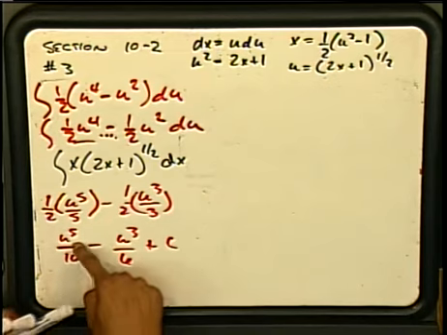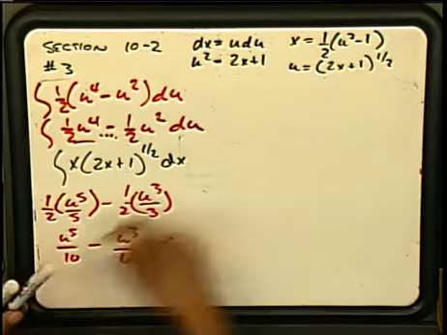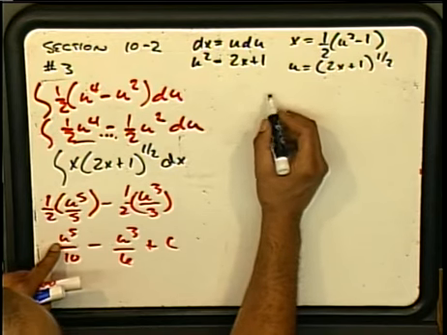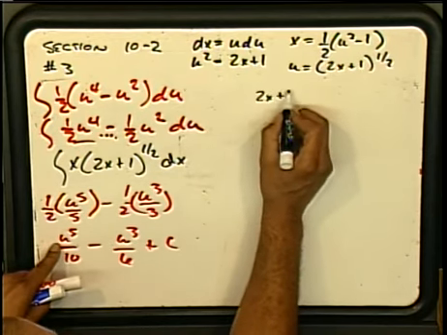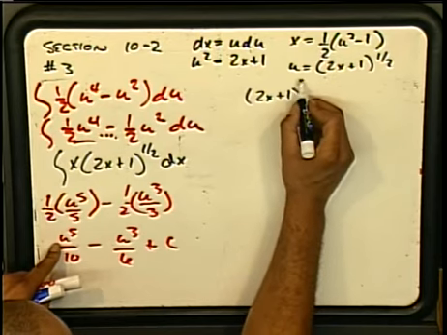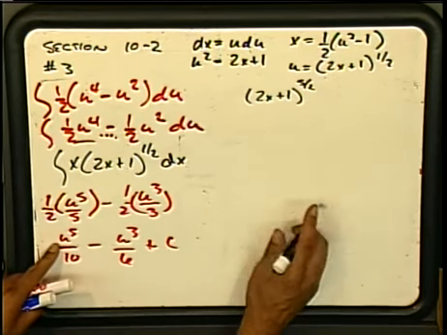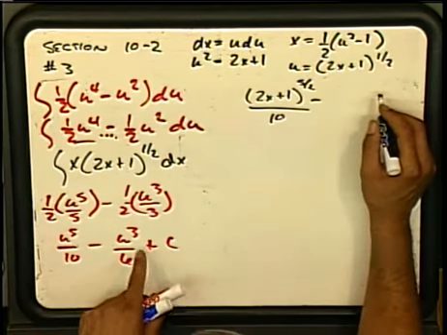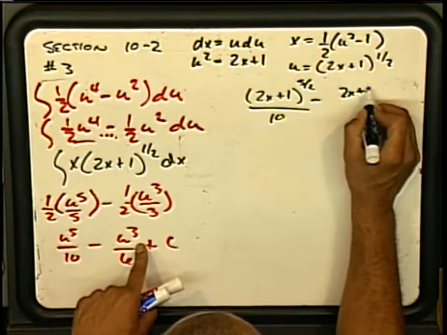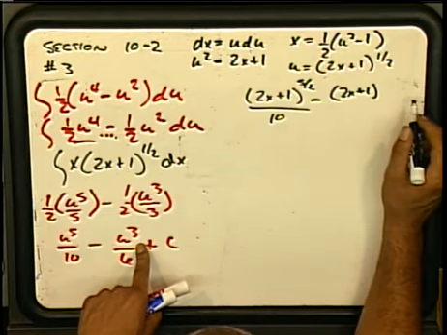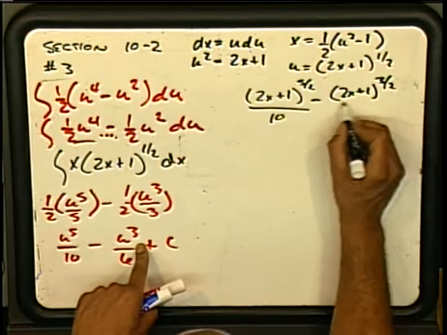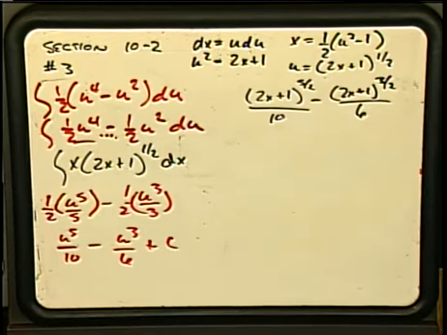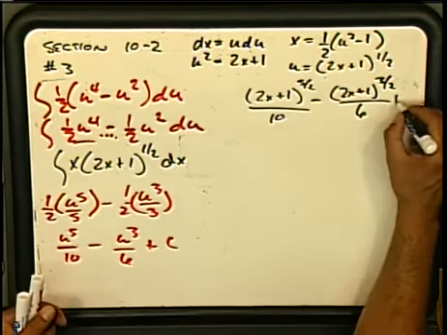But we got u to the 5th, so we just put a 5 in there instead of a 1. So u to the 5th is 2x plus 1 to the 5 halves over 10 minus u to the 3 halves over 6 plus c.